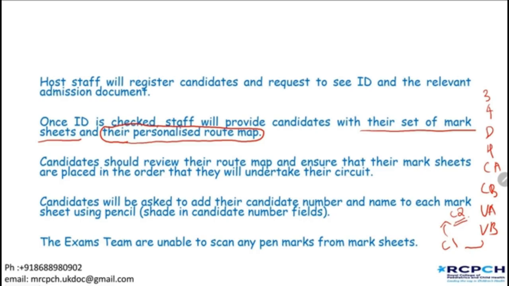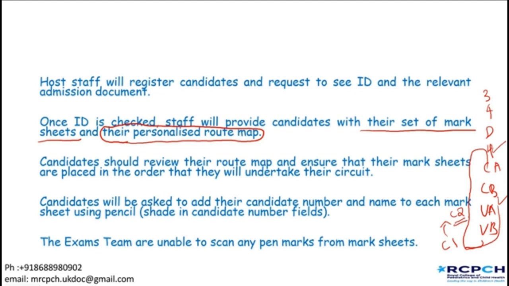For some candidates it can start with the history station, for others with a communication station, and it will follow that circuit. So each candidate will be given their own personalized route map.